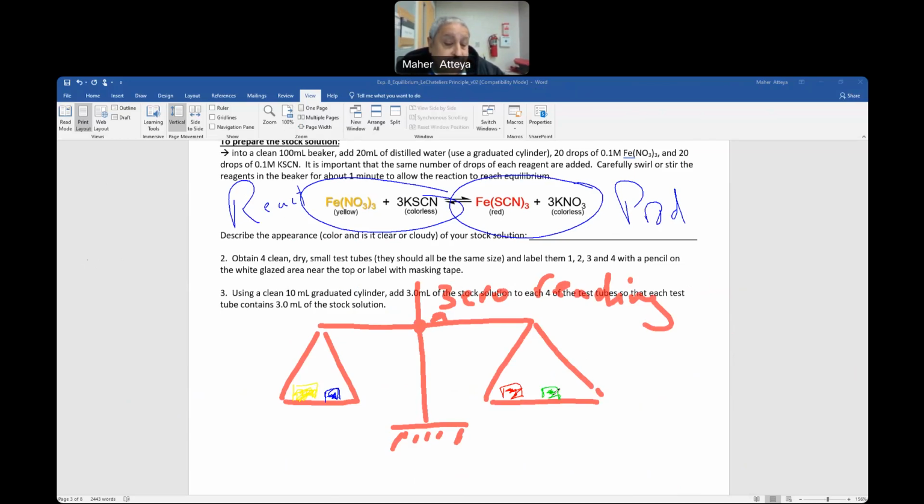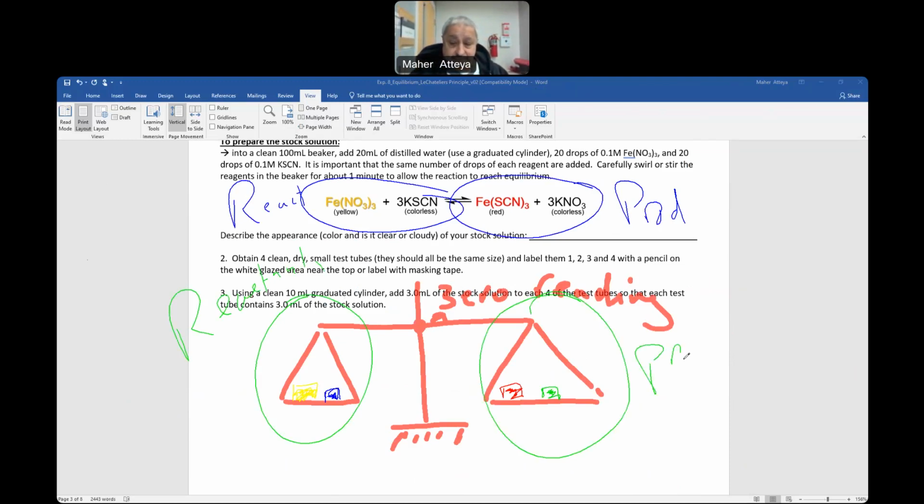So now the balance reads 0, which means both arms are what? As I said, this is reactants. This is products, correct? And those are the reaction.